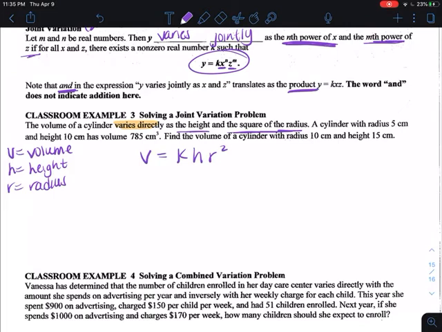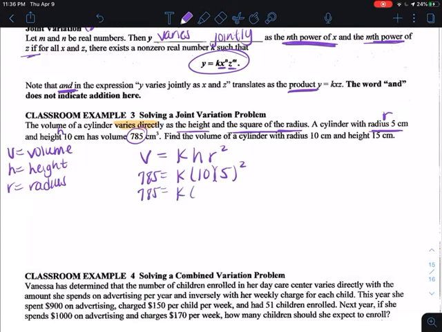So it says a cylinder, so we should get the values for all the variables other than k. A cylinder with a radius of 5, so I have my r value here, has a height of 10, so that's h, and a volume of 785. So 785 is V. I don't know k. h is 10 and the radius is 5, and I need to square the radius.